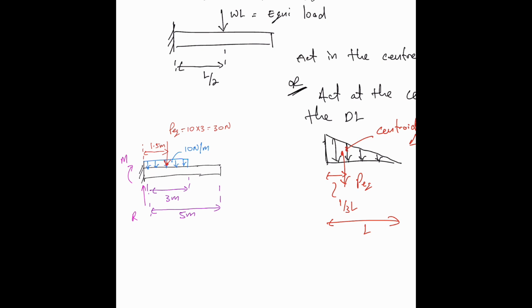So our reaction R will be equal to 30 newtons, right? Because that's the equivalent load. And our reaction moment will be 30 by 1.5. So that will be our reaction moment and our reaction force. So that's just a way on how we approximate the distributed load to be able to calculate our reactions.